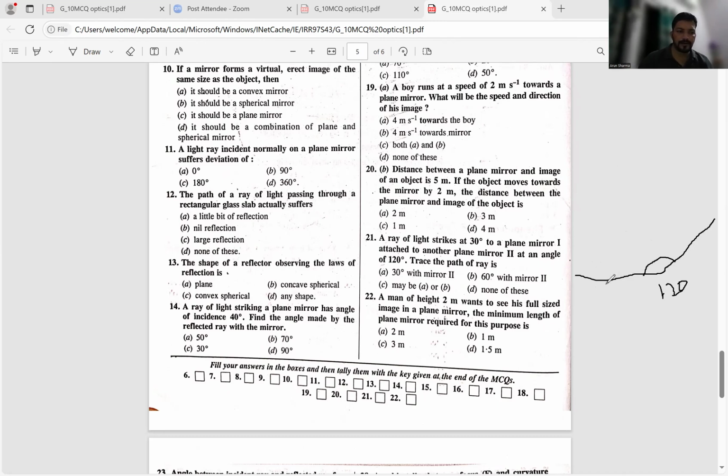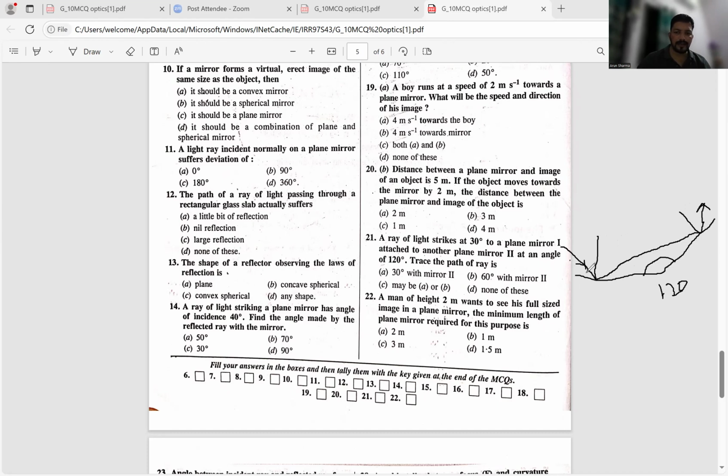So there is an incident ray striking on it. It can strike here and move outward. So this is your normal, and here this is your normal.